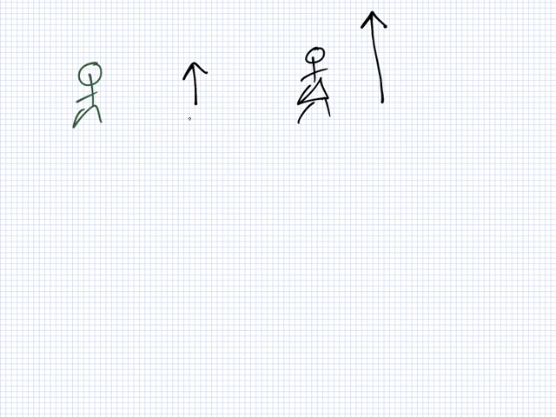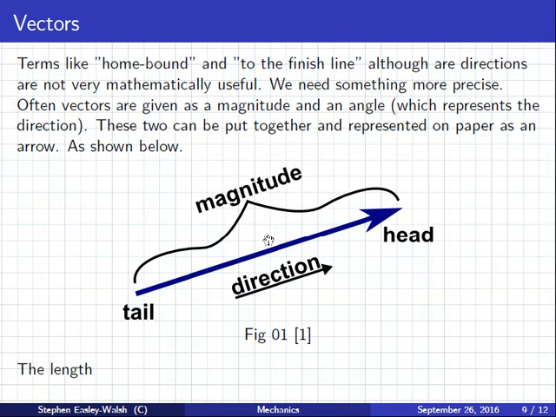North. But because I draw this twice as big as this, it means she's going 2 times faster. So the length is the magnitude, how big, and the direction is where it points.